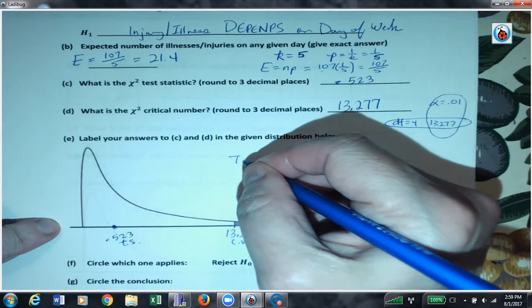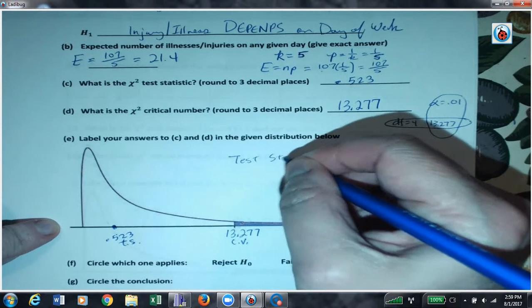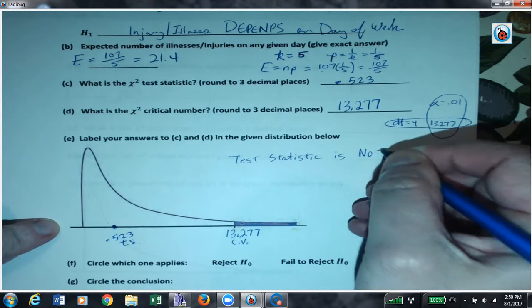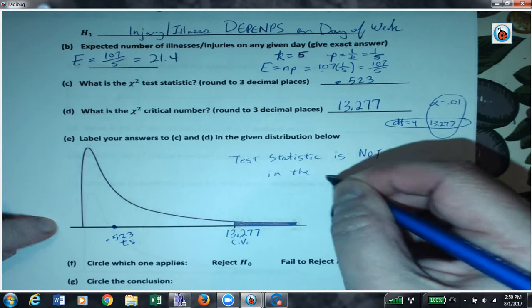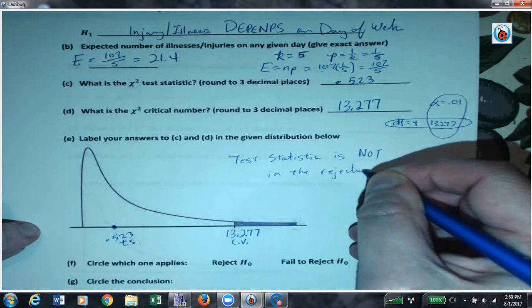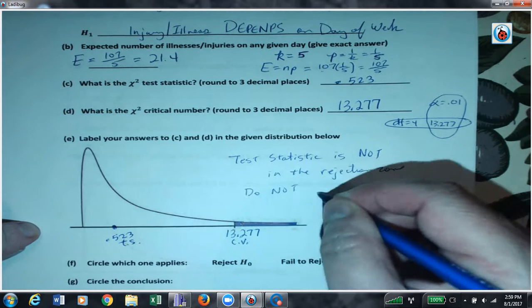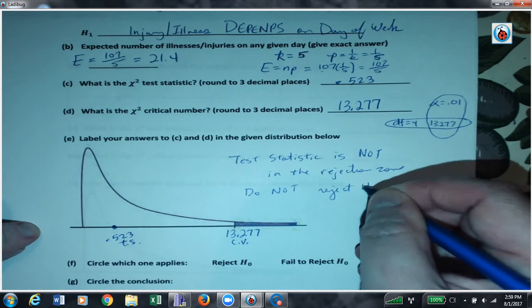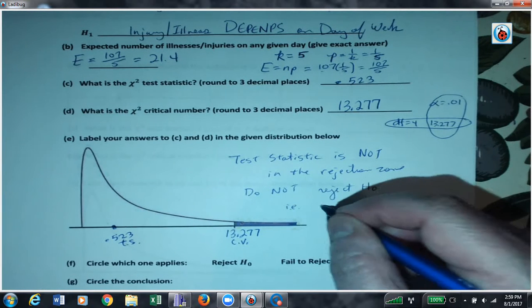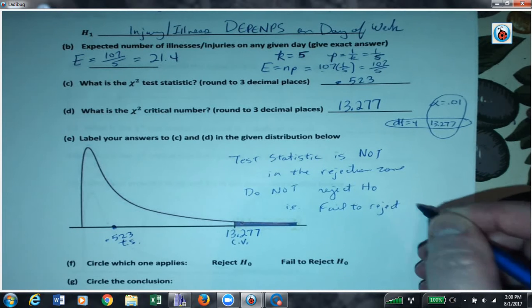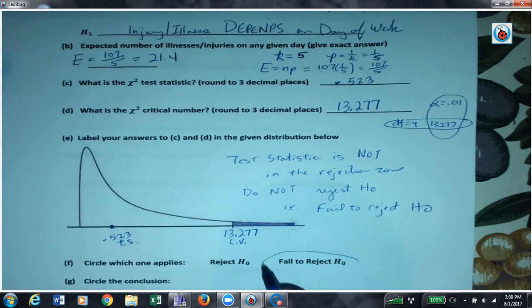The test statistic is not in the rejection zone. So we do not reject the null hypothesis, i.e., fail to reject the null hypothesis.